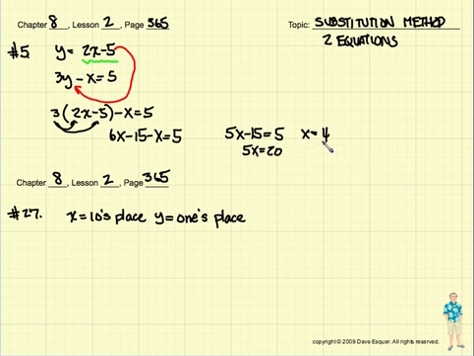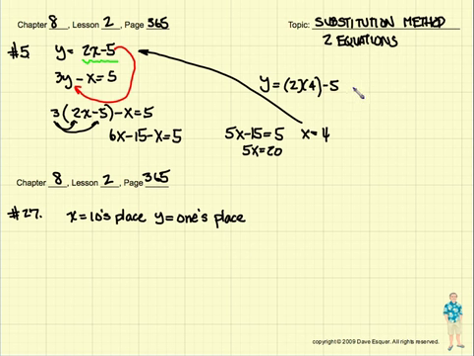So we're not done yet because we have x is equal to 4, but we got to find out what y is. So up here in the first or second equation, it doesn't matter, you're going to substitute an x in and see if we can solve for y. So I'm going to take that x equals 4 and stick it into this first equation and solve for y. So y turns out to be equal to 2 times x, which is 4, minus 5.